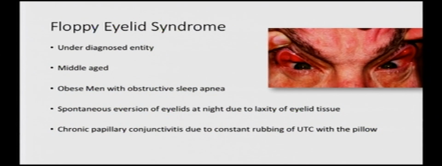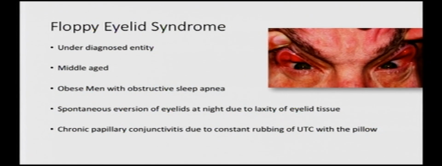Generally what happens in them is they have horizontal laxity of the eyelid, and they have spontaneous eversion of the excessively lax eyelid at night, and because of the mechanical rubbing of the tarsal conjunctiva with the pillows, it can cause chronic papillary conjunctivitis and chronic discharge.